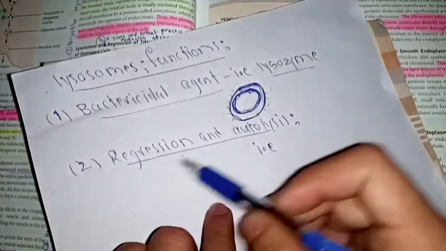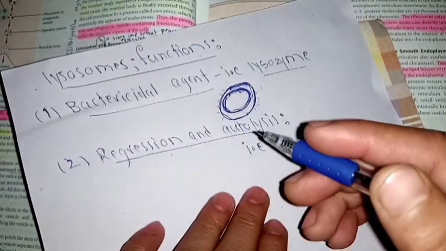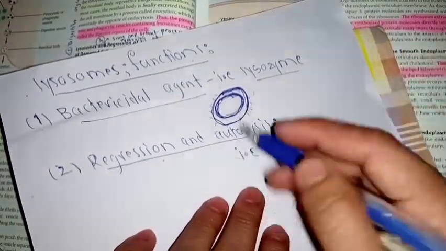So these are the functions of the lysosome, through autolysis and regression.